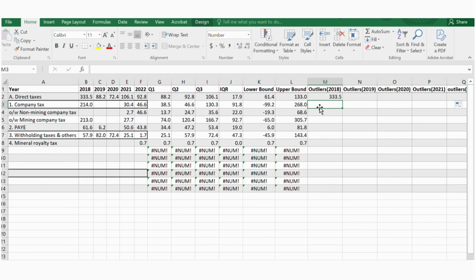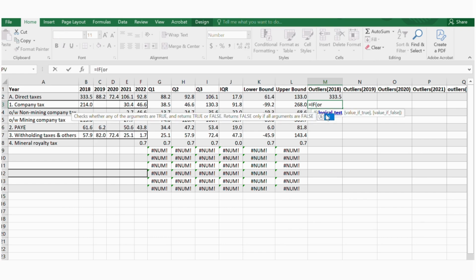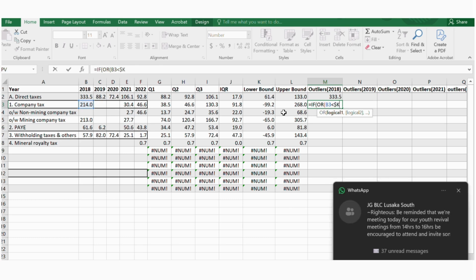So for company tax, same concept, it's going to be equal to if or, okay, so we're saying if this company tax, which is in cell B3, right, is less than our lower bound, which is K3, so we'll look at K3 in this case.